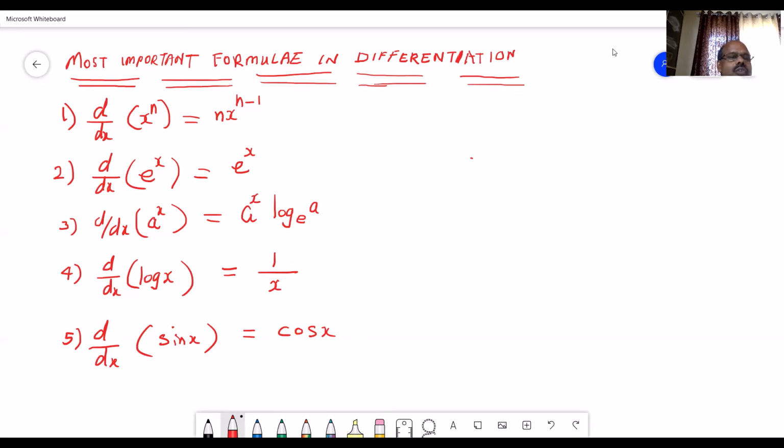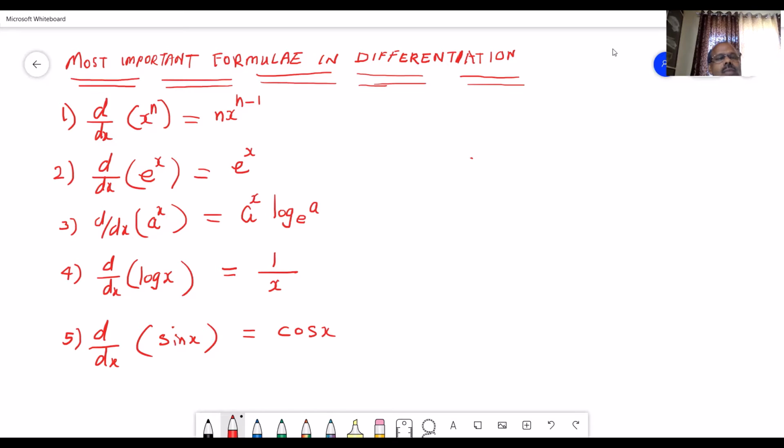And the differentiation of e raised to x is e raised to x only. Even in differentiation, nothing happens to e raised to x. When the power becomes a complex expression, like x square plus 2x plus 3, then that will be different. But if it is e raised to x, then it is e raised to x only.